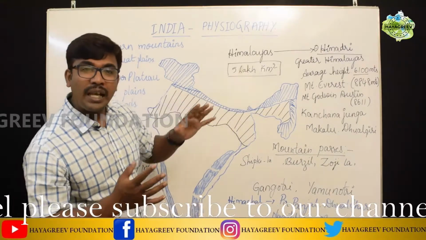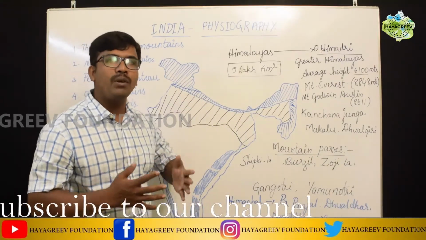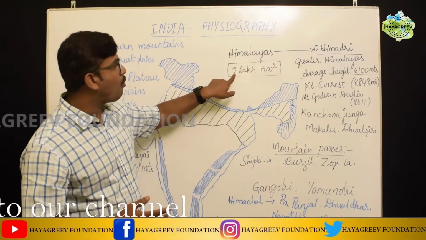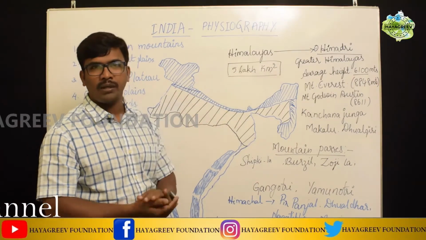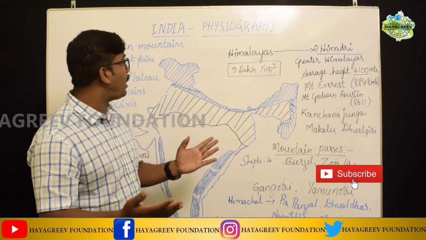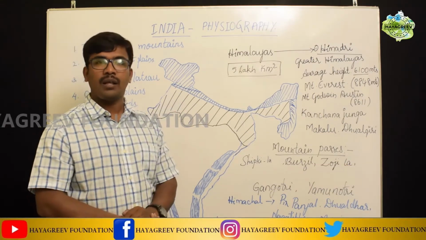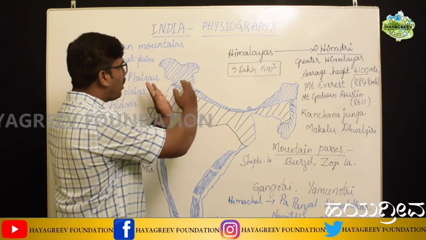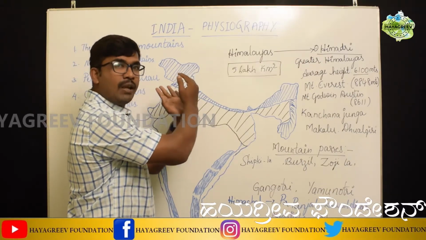The total area the Himalayas occupy in India is almost 5 lakh square kilometers.